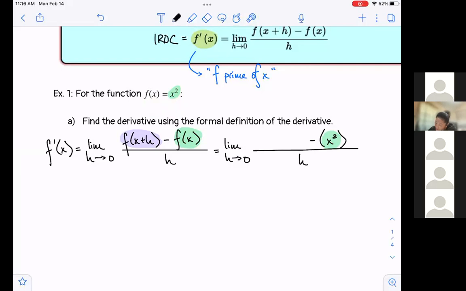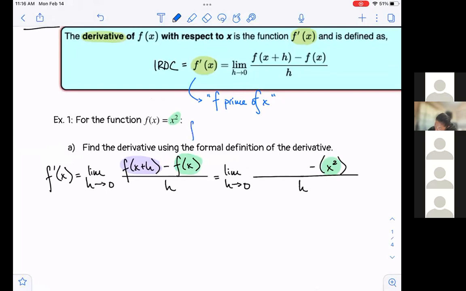But what if I said this? Let's take a little detour here, okay? What if I said f of 1? What would you folks tell me that is? What's f of 1? When I put in an x value of 1, what value do I get out? Great. How did we get 1?